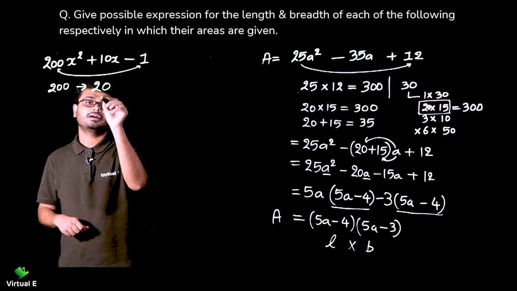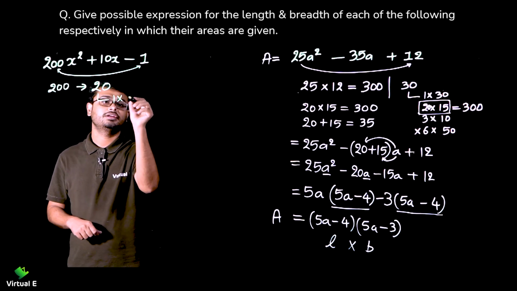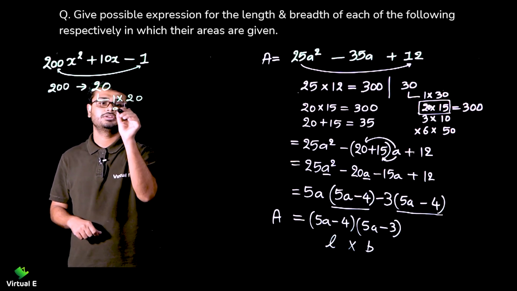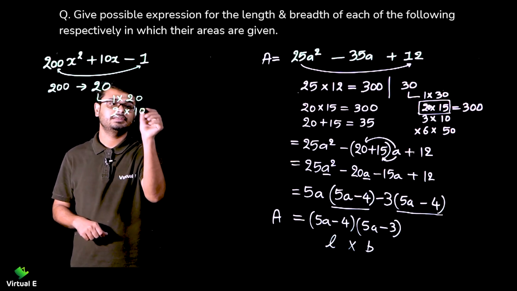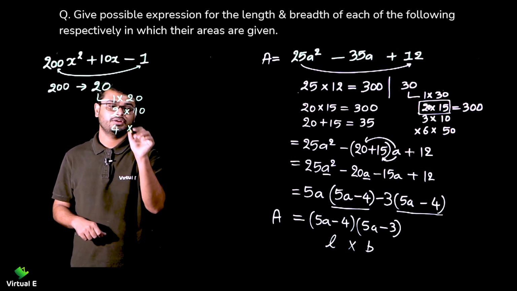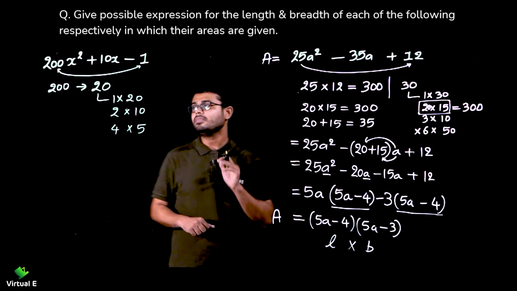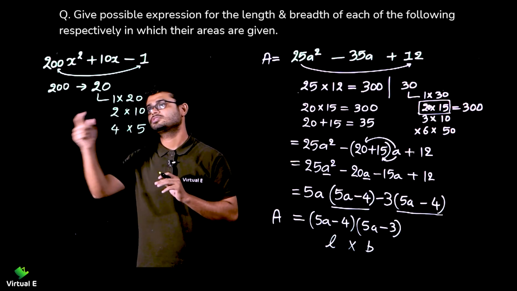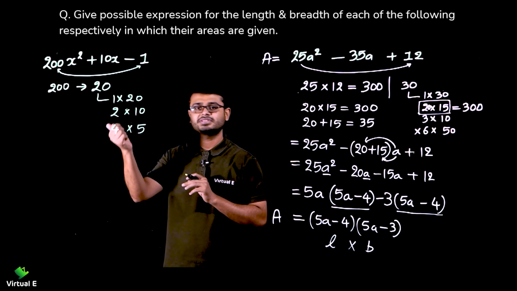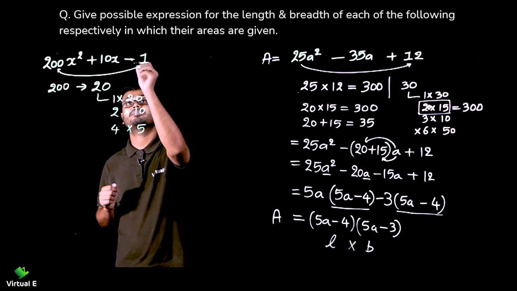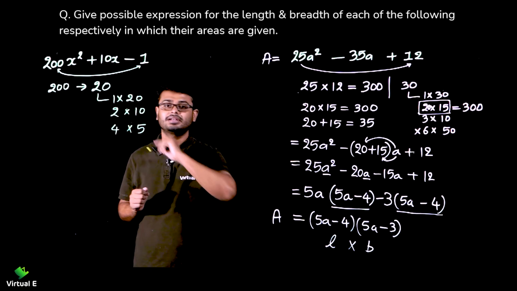So factors are, let's start, 1 into 20, then 2 into 10, then 4 into 5, right? These are the factors of 20. Now we need one extra 0, so you can start putting 0 on either side and make sure that subtraction should be 10.